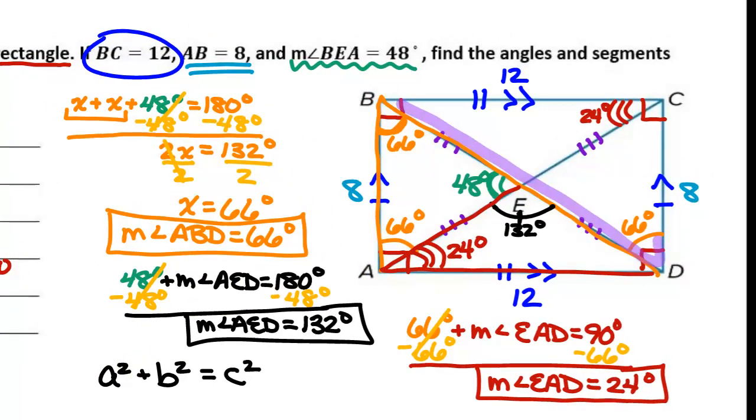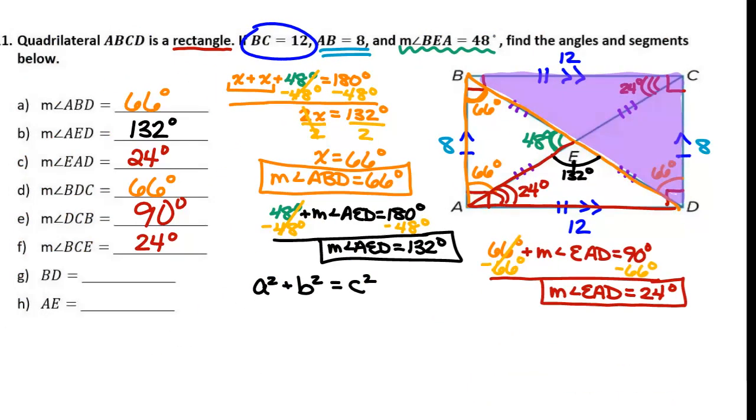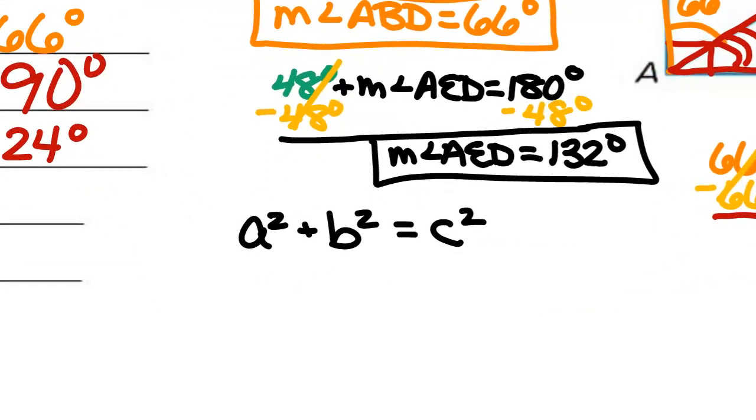And I'm looking at this right triangle right here. This is why I'm using Pythagorean theorem, because half of the rectangle is what I would have if I trace over that diagonal BD. Because all four corners are right angles, when I cut it in half like this, I end up with a right triangle. And because they told me how big BC is, and AB is congruent to CD, I know the two legs of that right triangle.